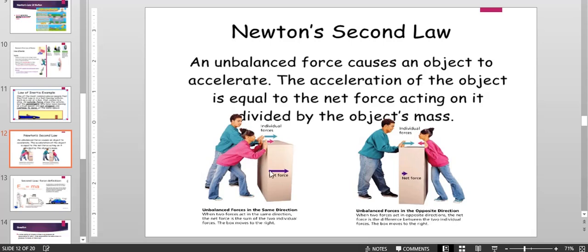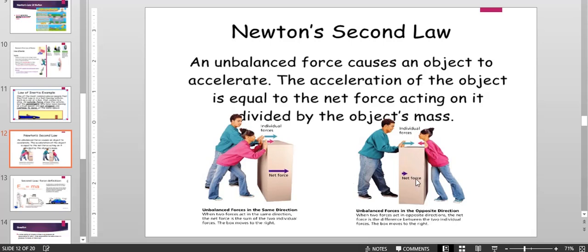When two forces act in the same direction, the net force is basically the sum of the two individual forces, and hence results in a greater force. Due to this greater force, the box will move in the forward direction, or in the direction in which the force has been applied on it.